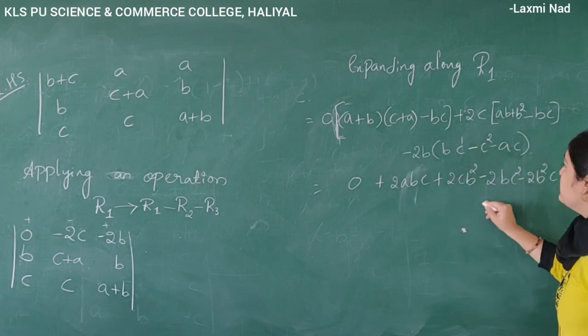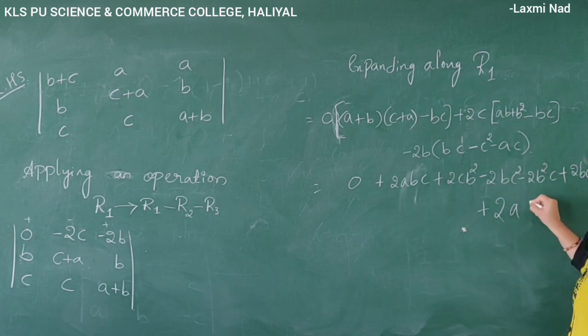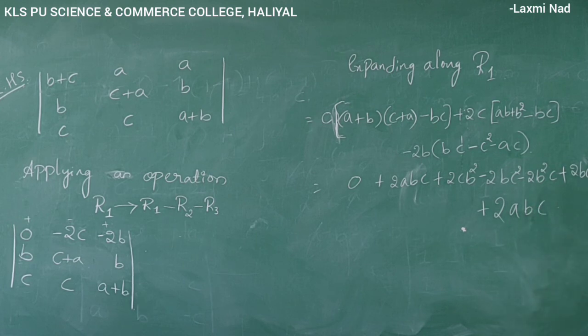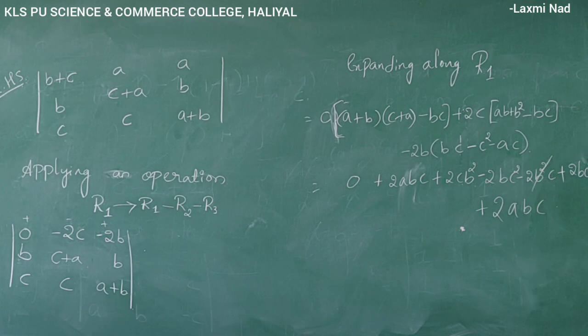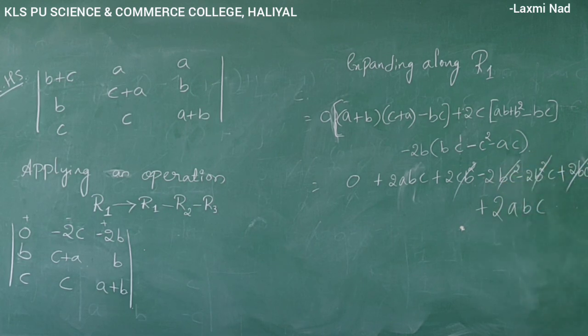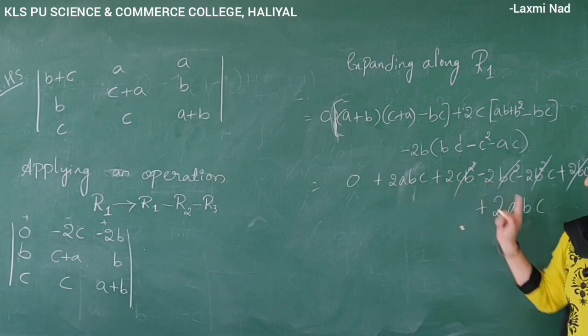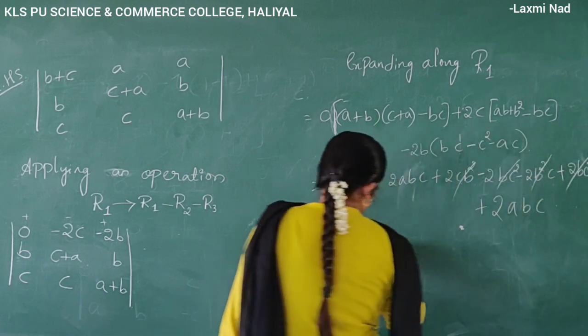So you get 2ABC plus 2CB square, and here also minus 2B square C, so plus 2CB square and minus 2B square C cancel. Here minus 2BC square, here plus 2BC square, so this will cancel. You are left with 2ABC, and here also plus 2ABC. So 2 plus 2 is 4, giving 4ABC.